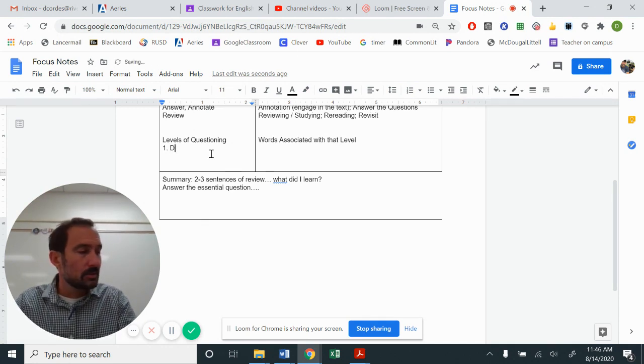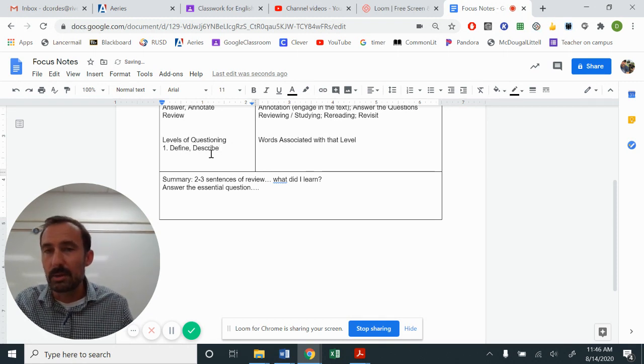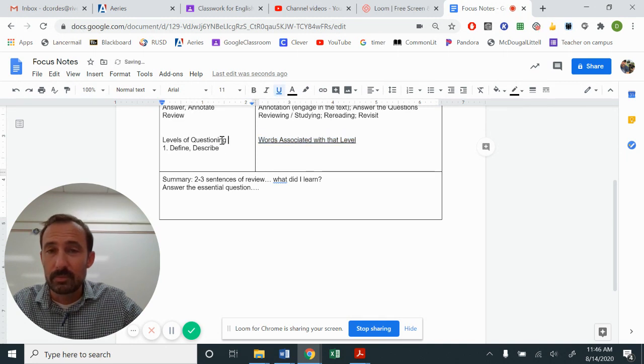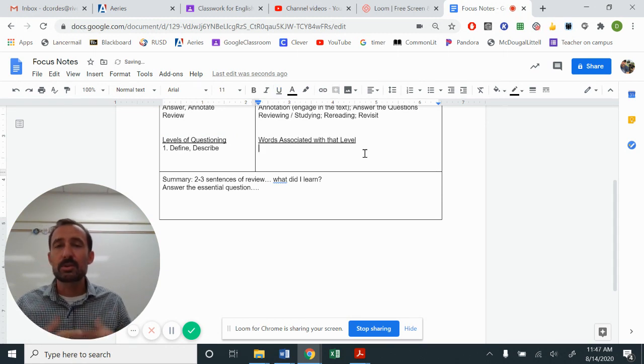Okay. This is where you define or describe something. So the words, let me go back and annotate my notes by underlining this so we can see a differentiation between the heading and the notes. I love doing that. Okay. So the first one is where we define or describe something.